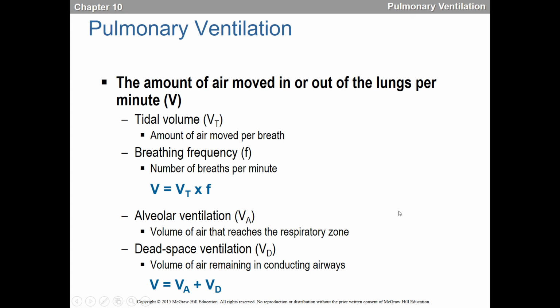Now there's two different aspects of this. So there's alveolar ventilation and there's dead space ventilation. So alveolar ventilation, that's actually the air that is reaching the respiratory zone and that we can more or less actually do something with. And dead space ventilation is really just air going in and out of the conducting zone. So within our lungs we have something called an anatomical dead space, and it's interesting to think about.